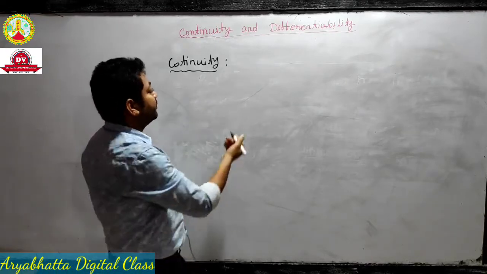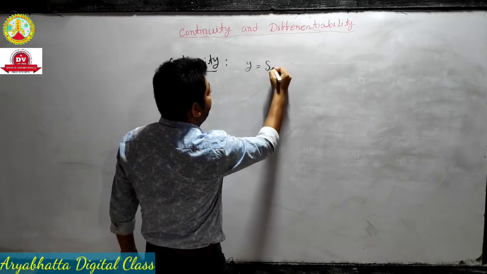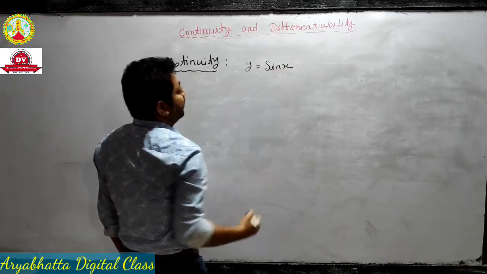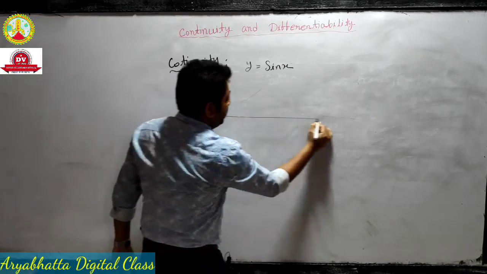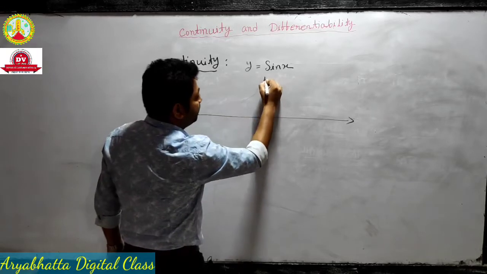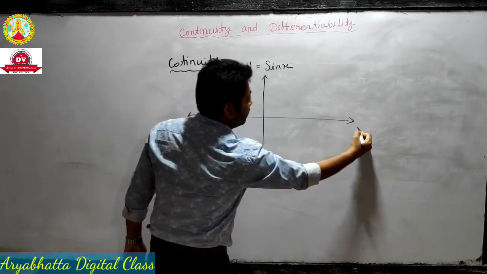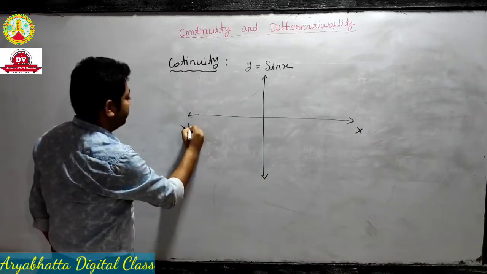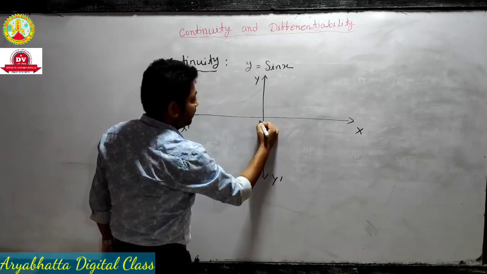For example, take the function y equal to sin x. The graph of this function: this is the x-axis and this is the y-axis, this is the origin.